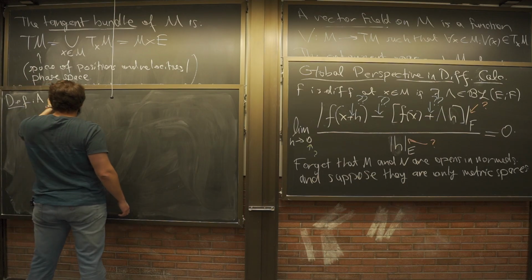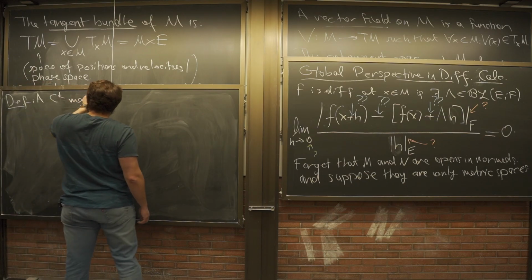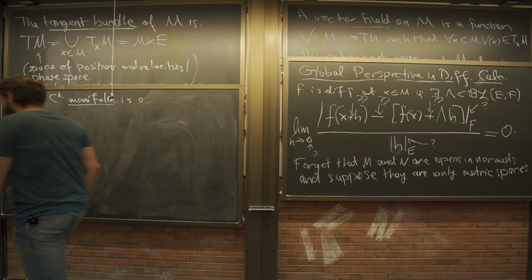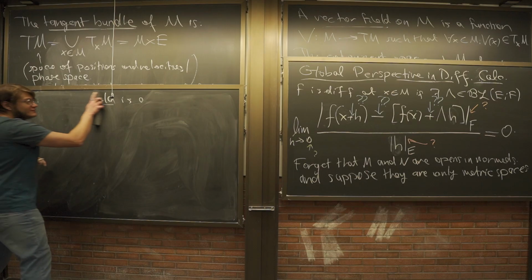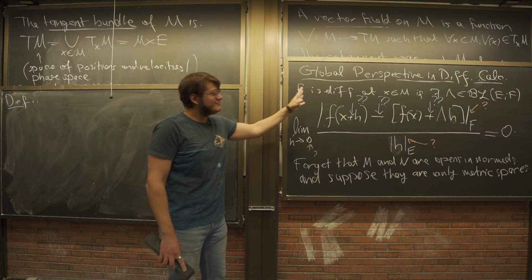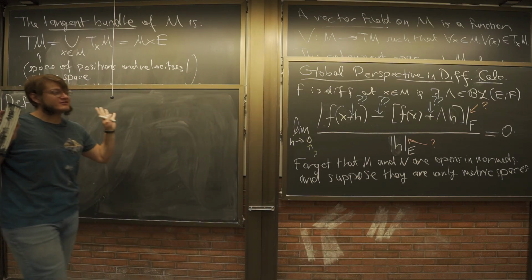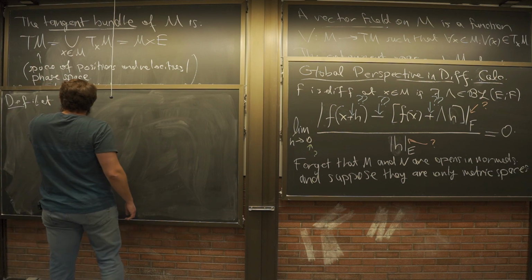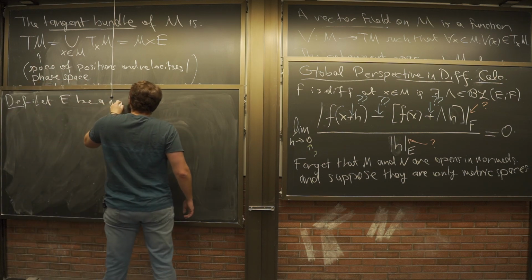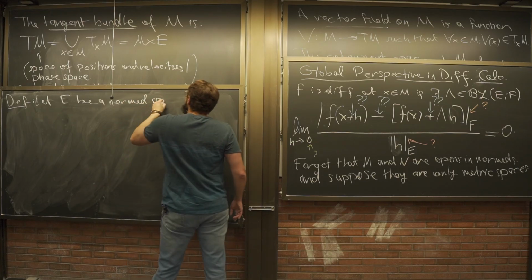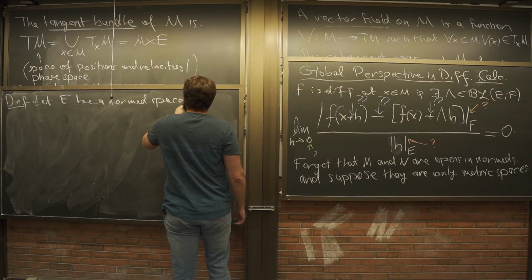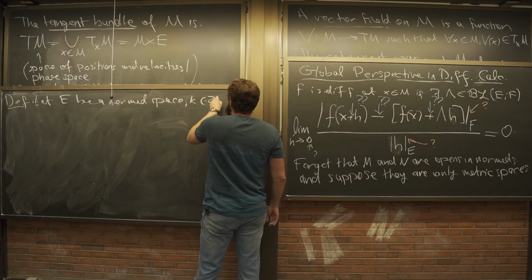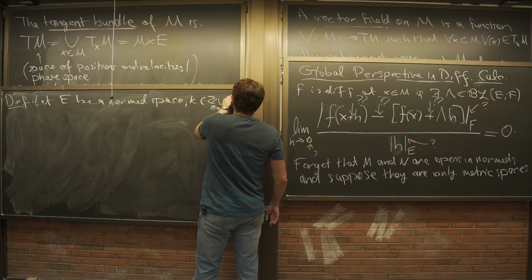A C^k manifold is, let's start like this. First you fix a local model. That's going to be your linear space, okay? Let E be a normed space, and k, as before, could be 0 actually, or infinity.